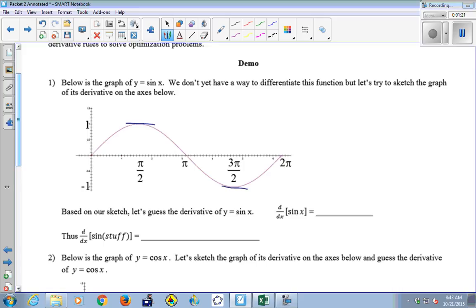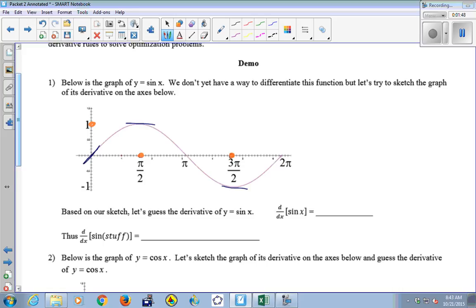So I'm going to put zeros at pi over 2 and 3 pi over 2. And then if I draw a little tangent line right there, what does the slope of that line look like? 1. Okay, so I'm going to put, maybe I should do different colors for the derivatives and the tangent lines. That looks like it's got a slope of 1, so I'm going to put a 1 right there.